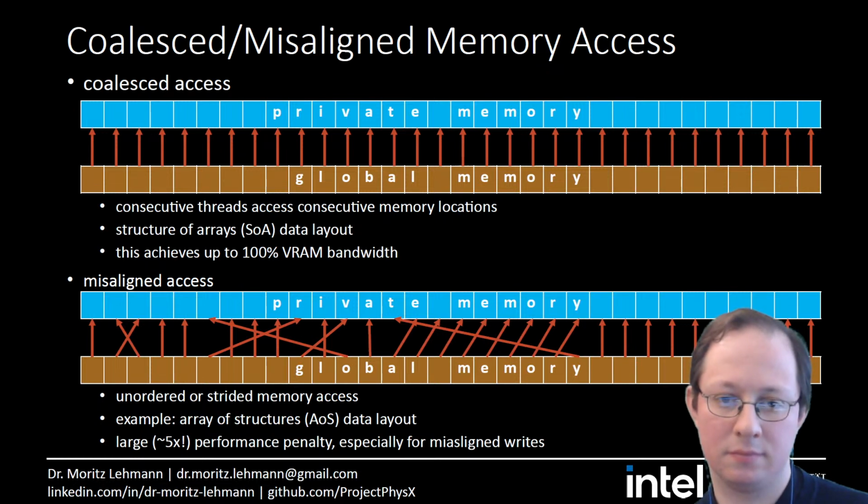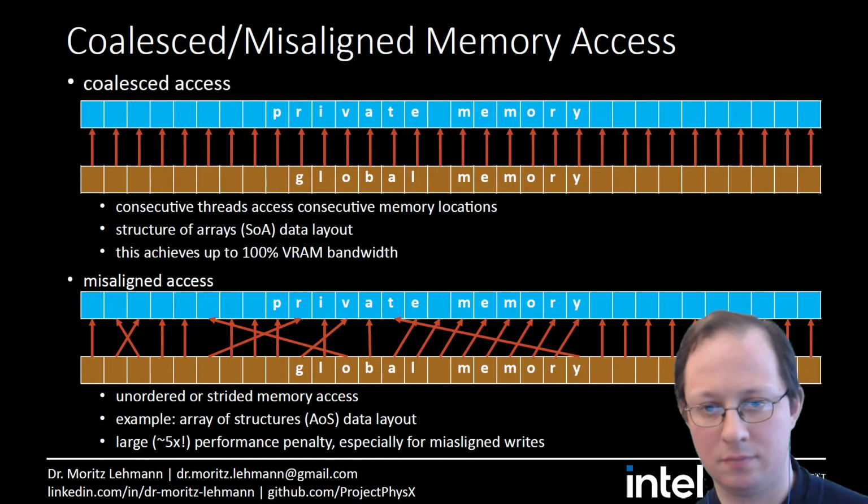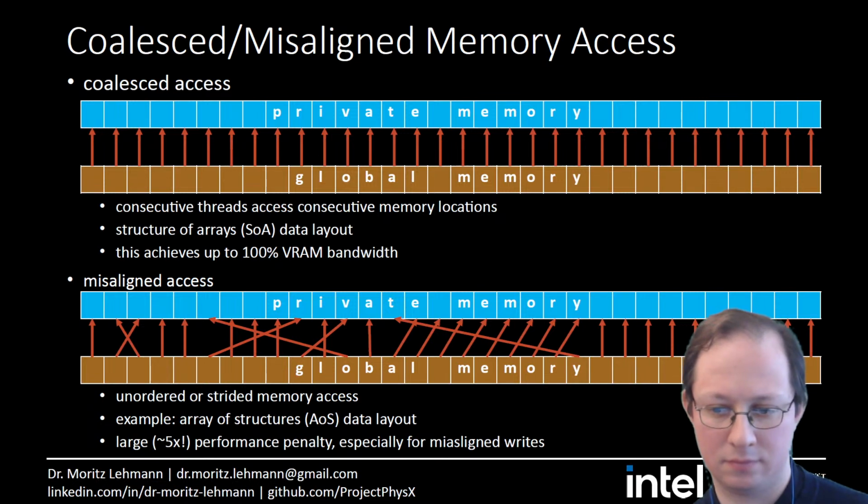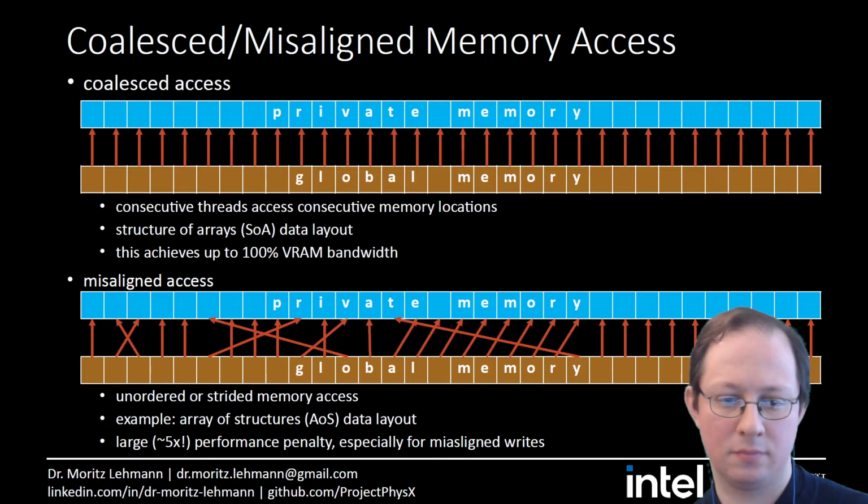Most compute applications are memory bandwidth bound, and to get the full memory bandwidth, it is absolutely critical how you align the data in memory. Because GPUs do a thing called coalesced memory access, and that happens when the individual threads access consecutive locations in memory.